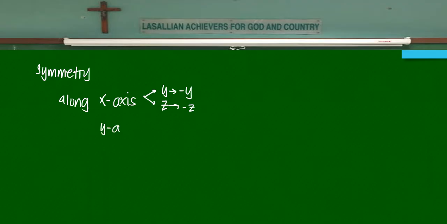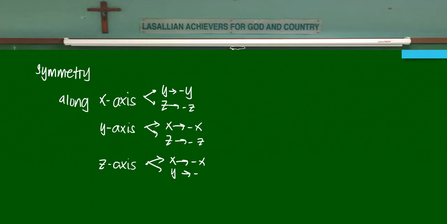If it's about the y-axis, what you do is change x to negative x and z to negative z. And lastly, for z-axis, we change x to negative x and then y to negative y.